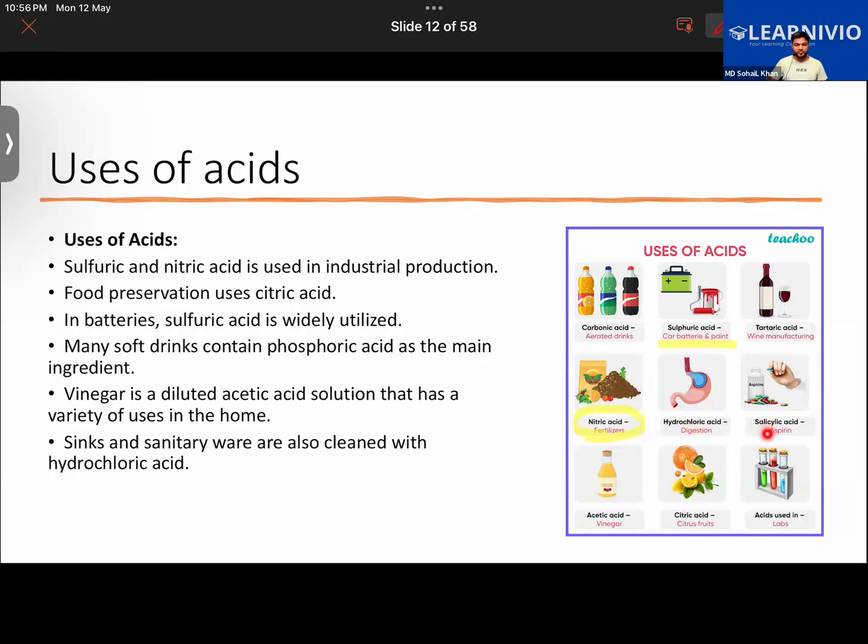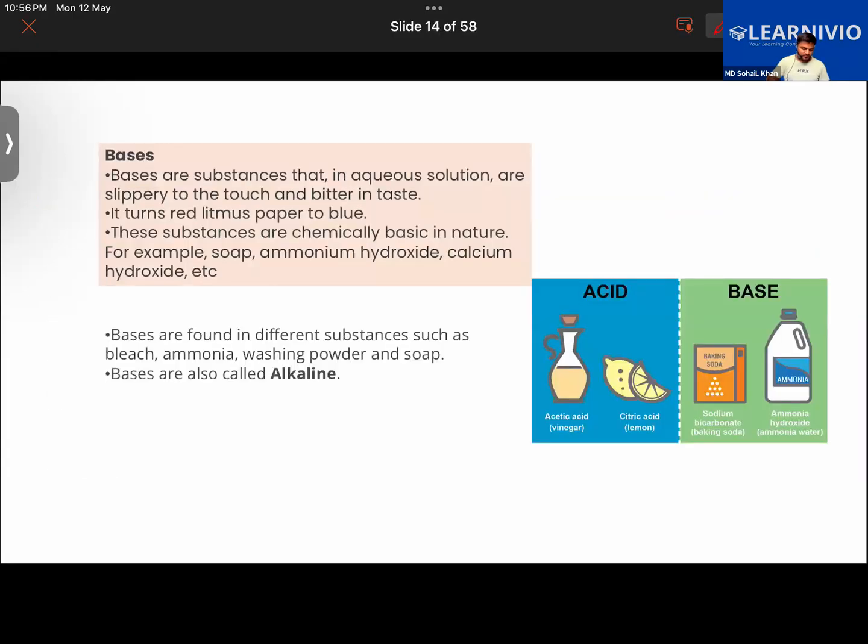Sulfuric acid is used to make aspirin, a medicine. Acetic acid is an edible acid found in vinegar. Hydrochloric acid is also used to clean sinks and sanitary ware. So they are used in day-to-day life activities.